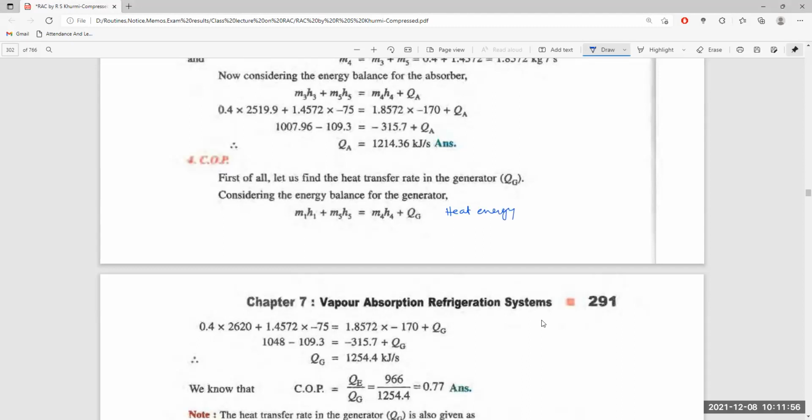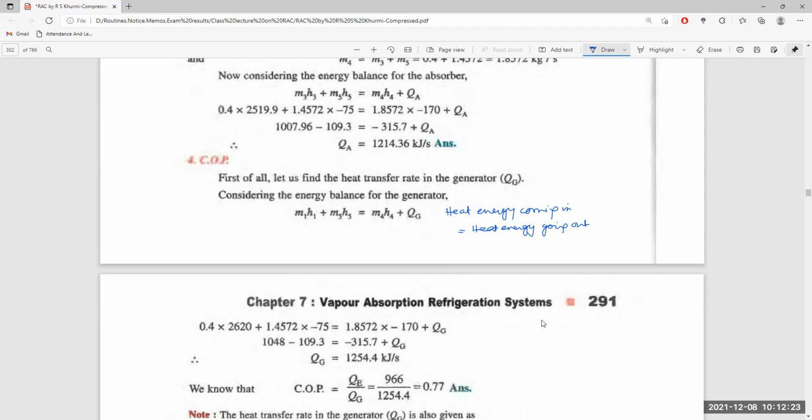Energy coming in is equal to energy going out. The mass flow multiplied by the enthalpy on both sides is supposed to be equal, in terms of different types of energy coming in and different types of energy going out.